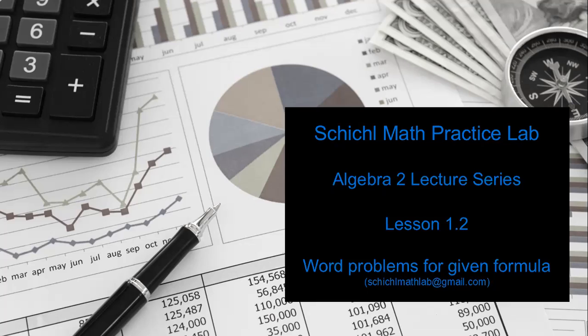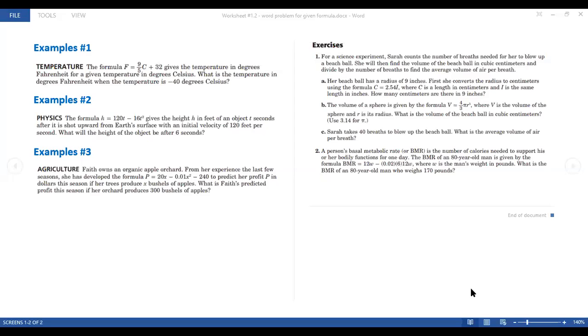Okay, so first let me show you what type of worksheets we're going to work on. For this video, we have 3 different problems. Those are very common problems. We deal with temperature, Celsius and Fahrenheit, and then we have some physics related problems and agriculture related problems.